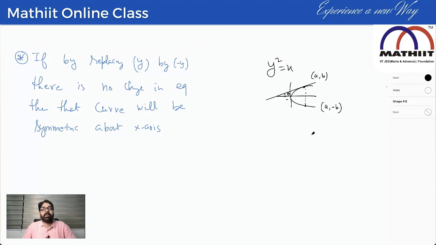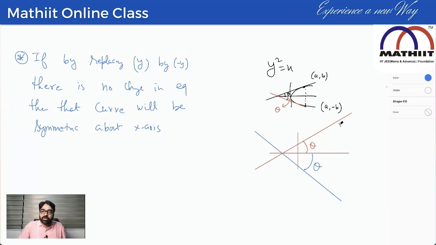If here you draw a tangent, that will also make theta angle. Symmetricity, no? So everything will be symmetric. Tangent will also be symmetric. So if this is the theta angle, this will also be theta angle. Watch carefully, this line makes theta angle, and this line also makes theta angle, like this.